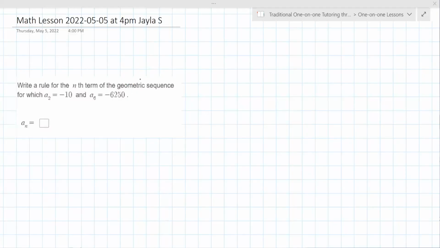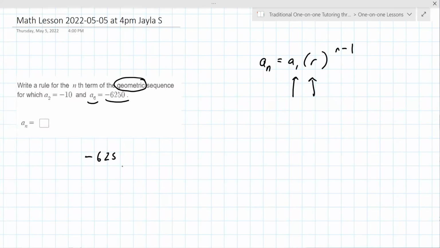Because this is geometric, there's a different formula. AN is A1 R to the n minus 1 power. So we have to come up with A1 and R, which we currently do not have. To do that, we take the larger one, A sub 6, minus 6250, over minus 10, and this equals R to the 6 minus 2 power.